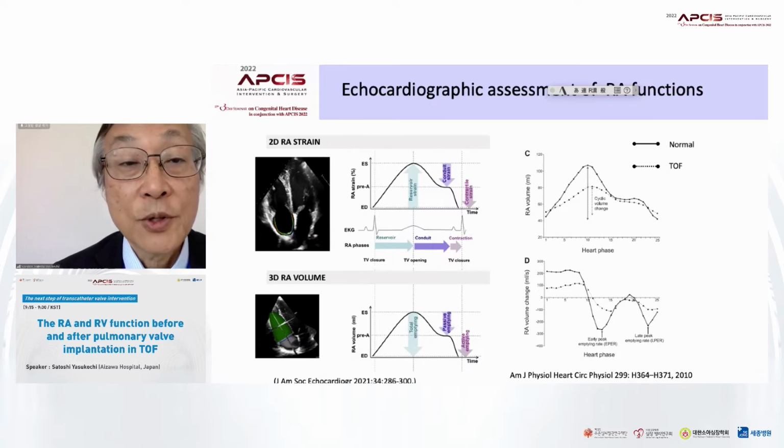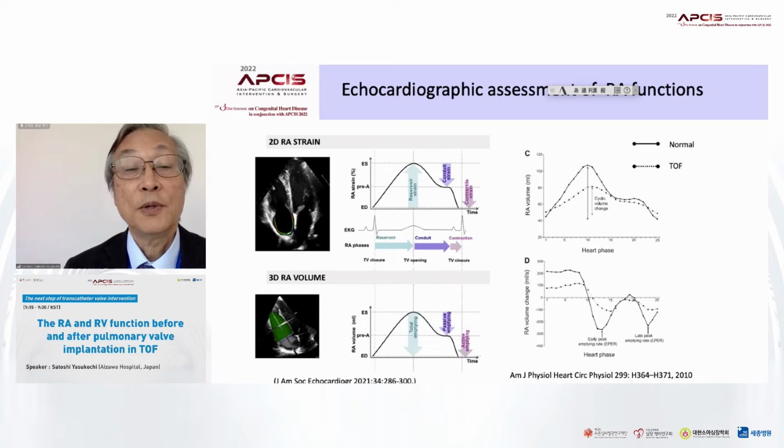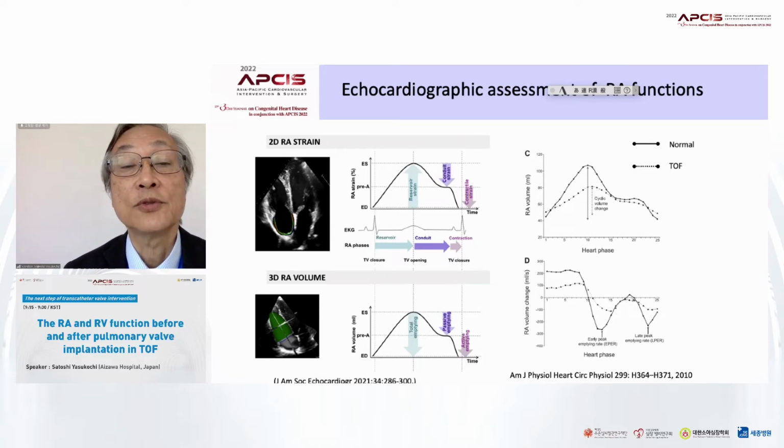This slide shows the echocardiographic assessment of right atrial function. The upper panel shows right atrial strain, and the lower panel shows 3D RA volume changes. RA function consists of three components: reservoir strain, conduit strain, and contractile strain.